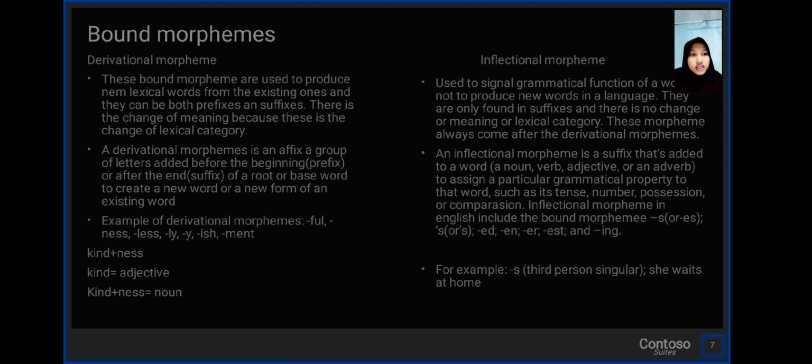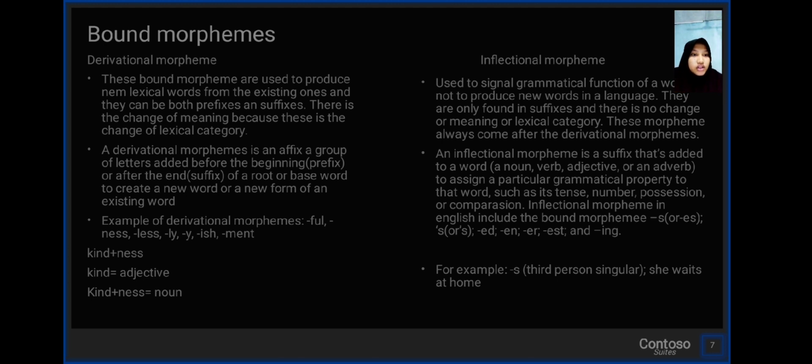As in the example, s can mark possession in conjunction with an apostrophe in the proper place, can make a count noun plural, or can put a verb in the third person singular tense.